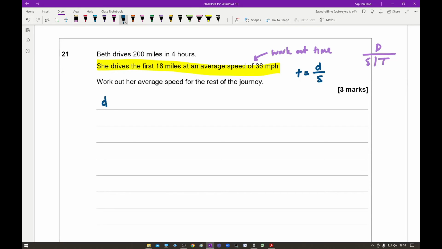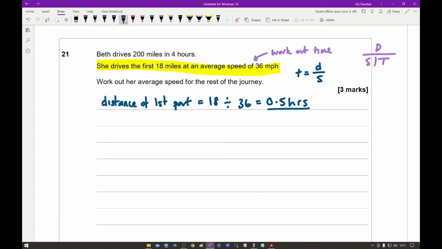So to work out the time of the first bit, that's going to be the distance, which is 18 miles, divided by the speed, which is 36. And that comes up to a total of 0.5. And because the speed units are using time in hours, that's going to be 0.5 hours.